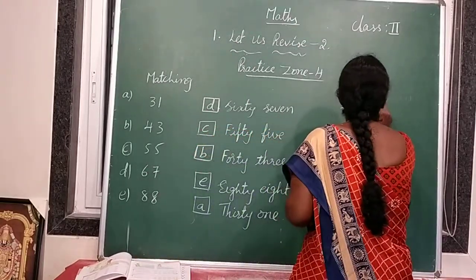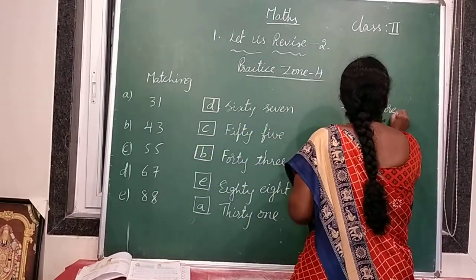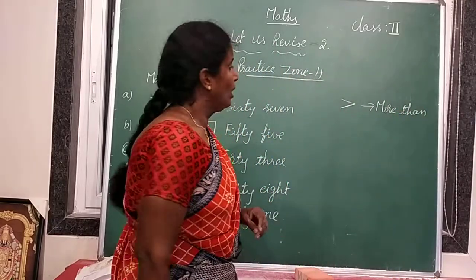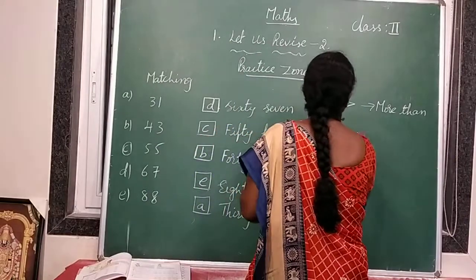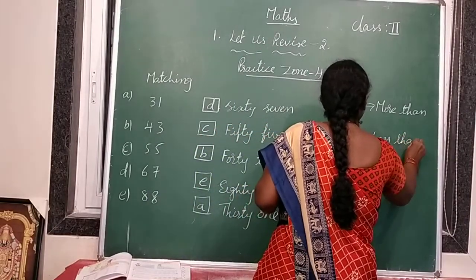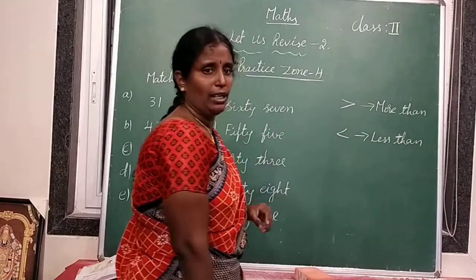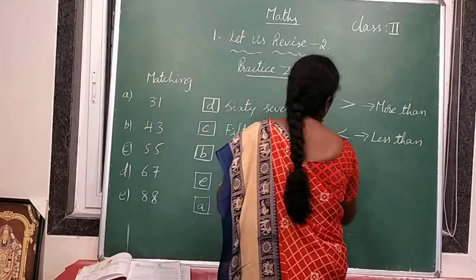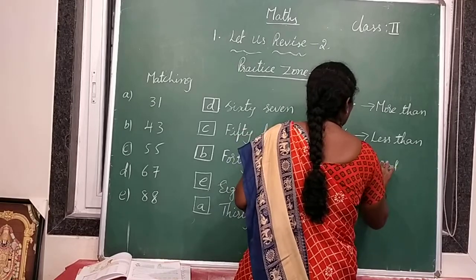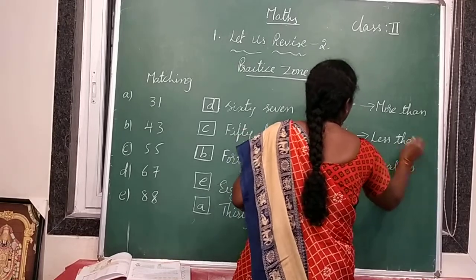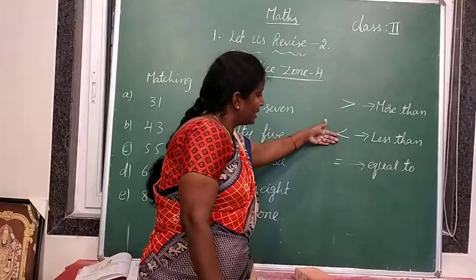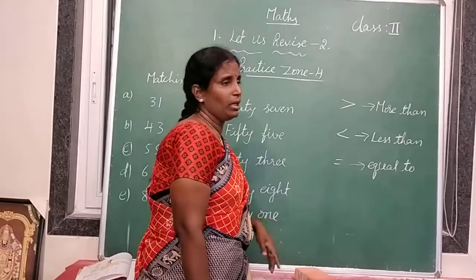And next, this is the less than symbol. And the last one is equal. If both are equal, we have to use the equal to symbol. Understood?